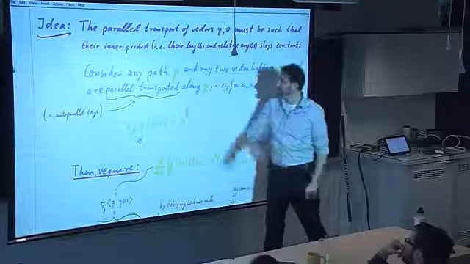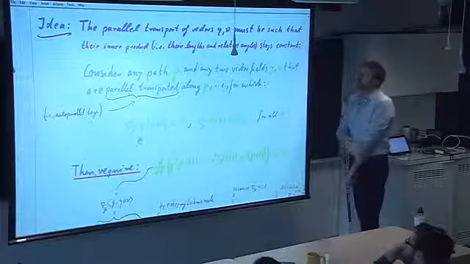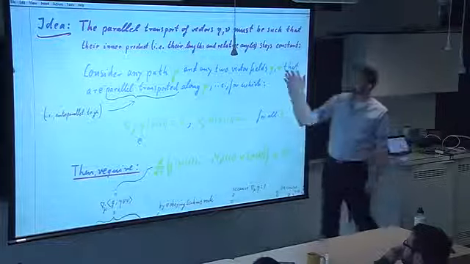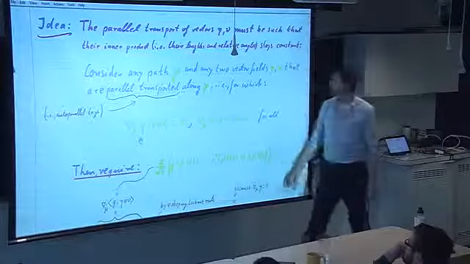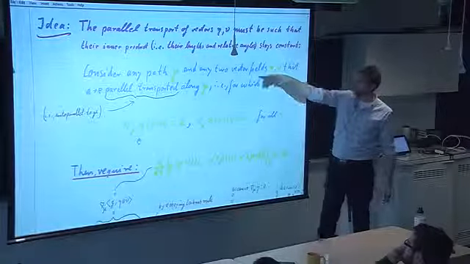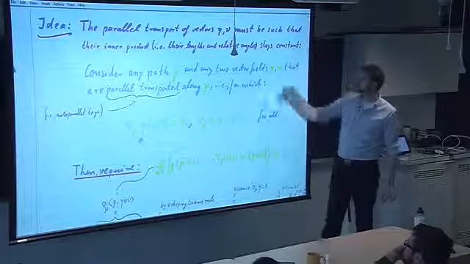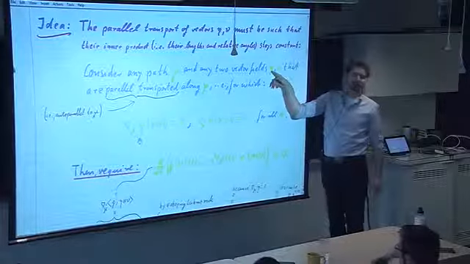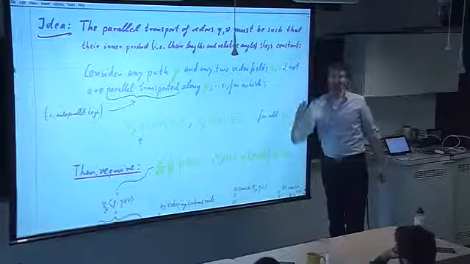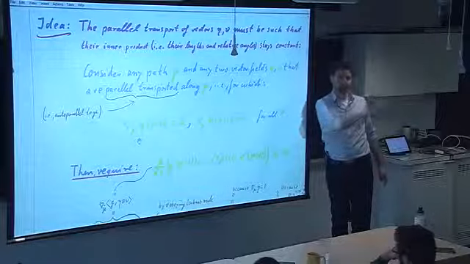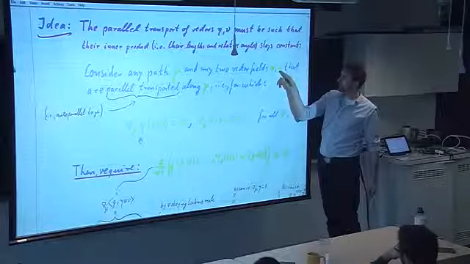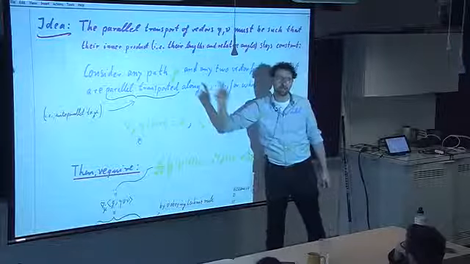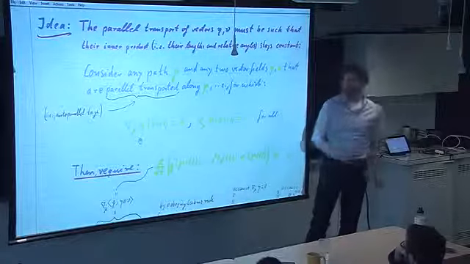Consider a path gamma in the manifold and any two vector fields, eta and nu, that are parallel transported along gamma. So eta is autoparallel to gamma, and nu is autoparallel to gamma, which means that if you go along the path gamma and you check out the vector field eta, you find its vectors are parallel transported versions of one another. And also the vector field nu has the property that its vectors on the path gamma are parallel translates of one another.